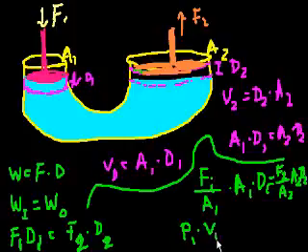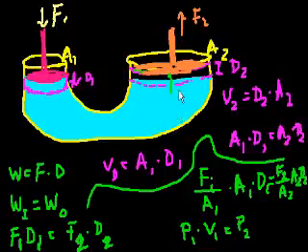Pressure 1 times V1 is equal to the output pressure, force 2 divided by area 2, which is the pressure that the water is exerting on this piston. So that's the output pressure, P2. And what's area 2 times D2? That's the cross-sectional area times how much the water is being displaced upward, which is equal to volume 2.